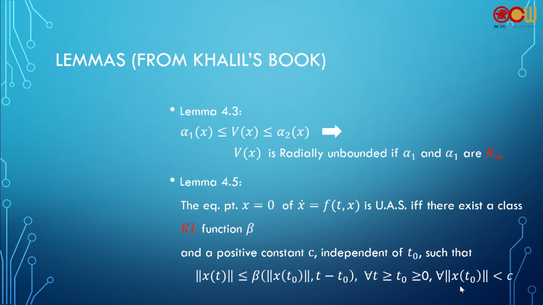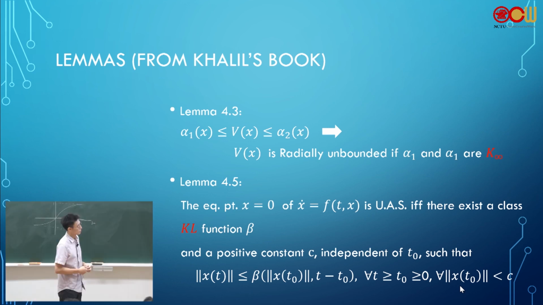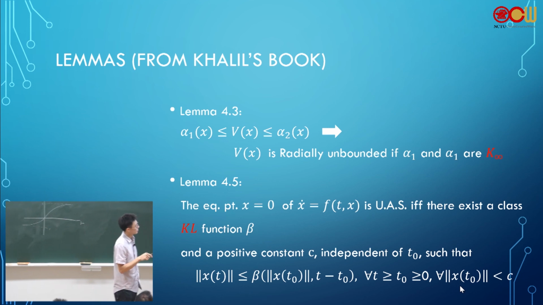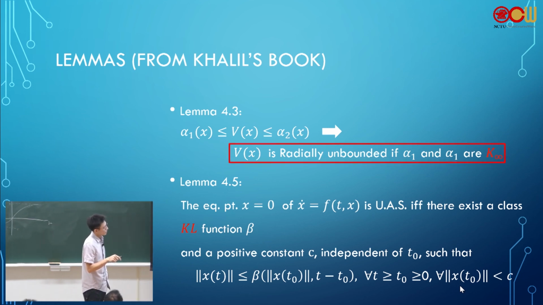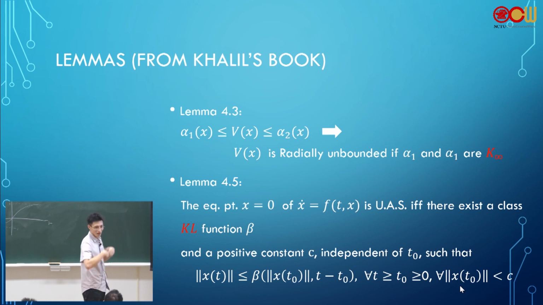What does a class KL function help you with in system analysis? Okay, so first, there are two lemmas. The first lemma is that V is said to be radially unbounded if both alpha 1 and alpha 2 are K infinity functions, meaning strictly increasing and going to infinity as x goes to infinity.